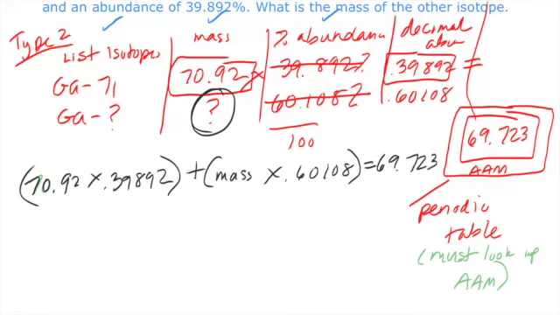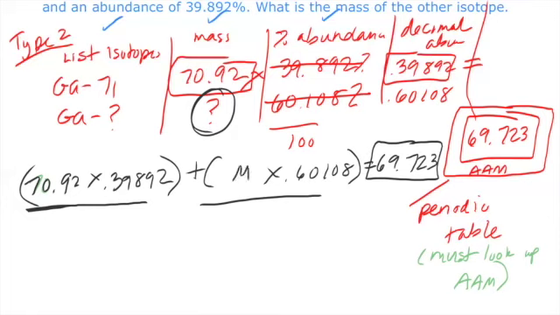So I hope that you can see what's different here. Before, we had everything we needed here, and we solved for the final answer. This time, the mass is missing. Instead, we know the final answer. So I would put an M for the mass that we're solving for right here.